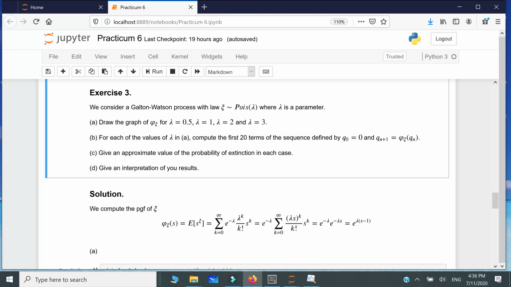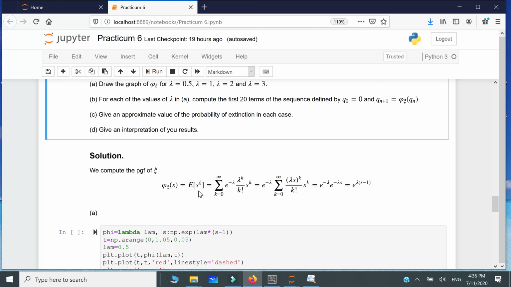So it's very easy actually here to do some algebra and to compute exactly the probability generating function of xi. So it's by definition the expected value of s to the xi, which is actually the sum of s to the k times P(xi = k). So what are the values taken by xi here?